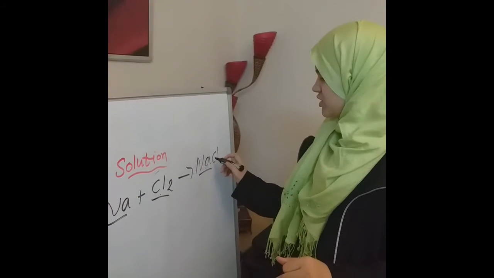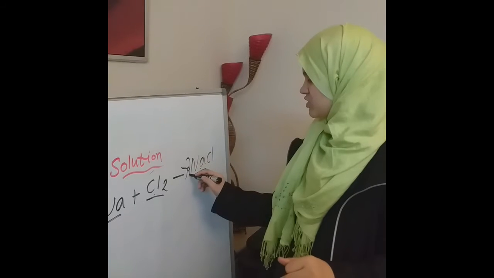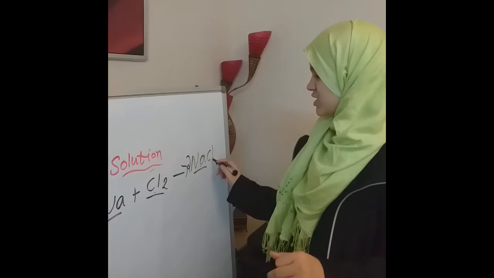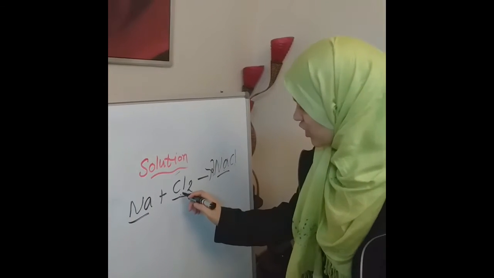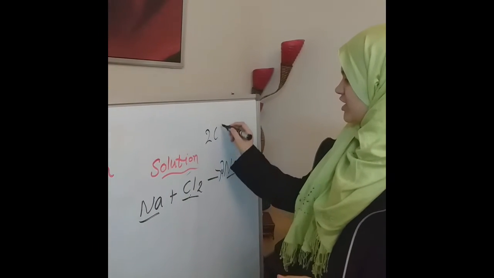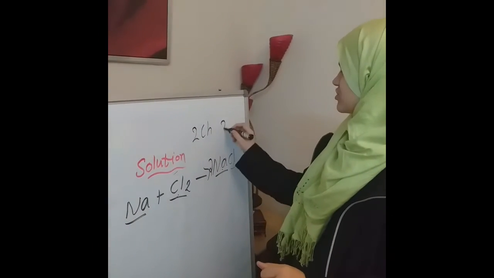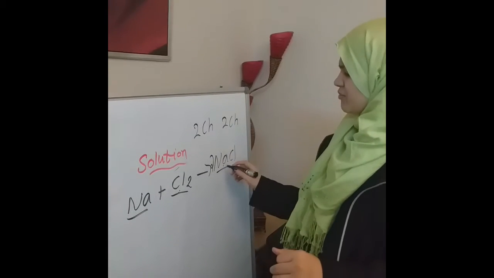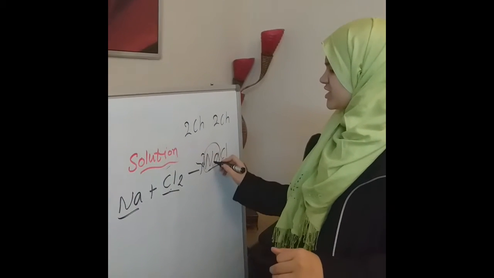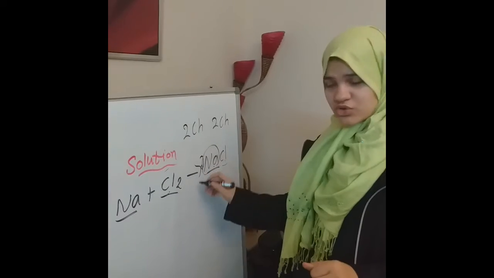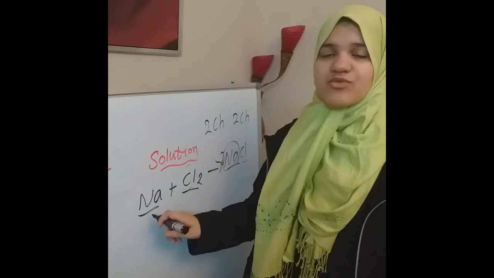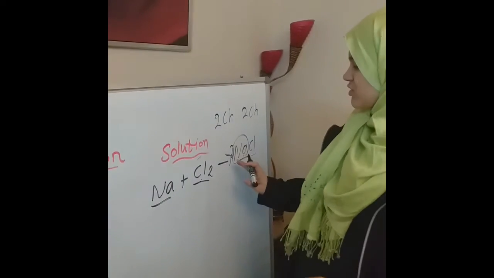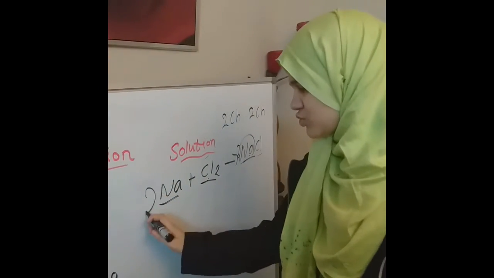So let us balance the chlorine. If we put 2 in front of sodium chloride, chlorine will be balanced, because it will be 2 atoms of chlorine on each side. But what about sodium? There are now 2 atoms of sodium in the product, but only 1 atom here. We will balance by putting 2 here.